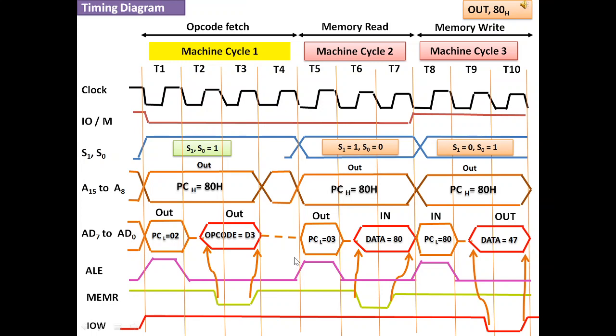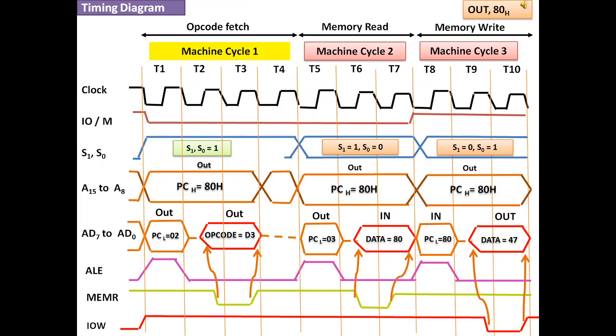Since it is an OUT instruction, the microprocessor needs a port address, so it will go for a machine cycle again, where it will be a memory read, and a similar process follows, where the operand, or the data, or the physical address, that is 80, is available across 8003.